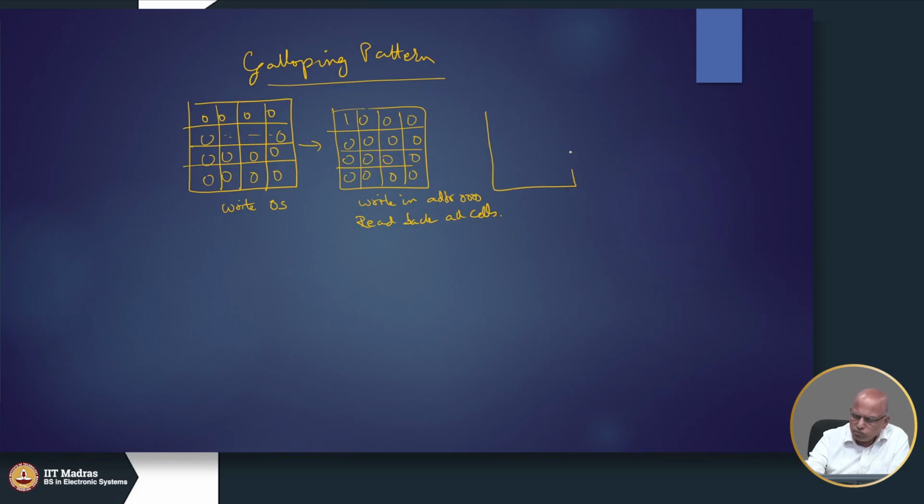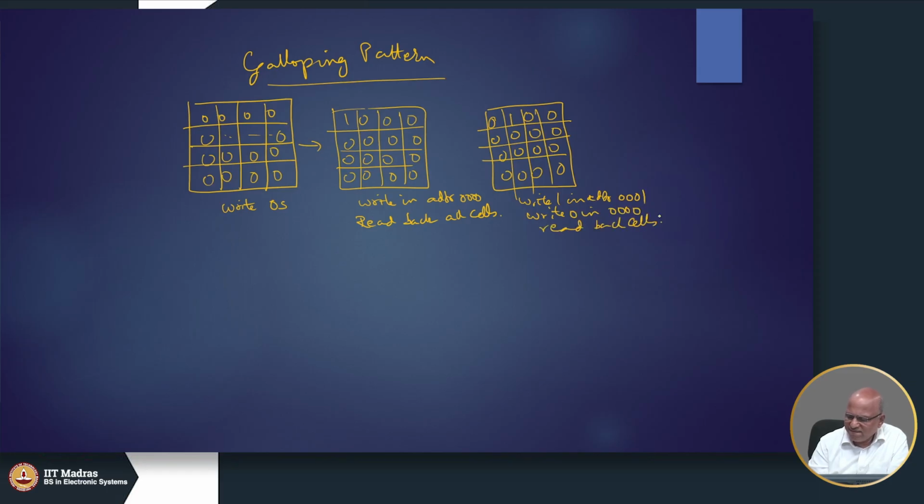Then I can go here, I can write back 0 and move this to 1. So this 1 moved, and again write 1 in address 0001, then write 0 in 0000, read back all cells, and so on.